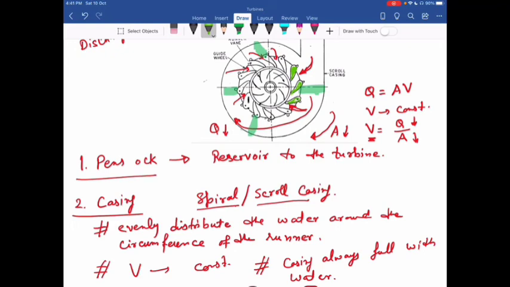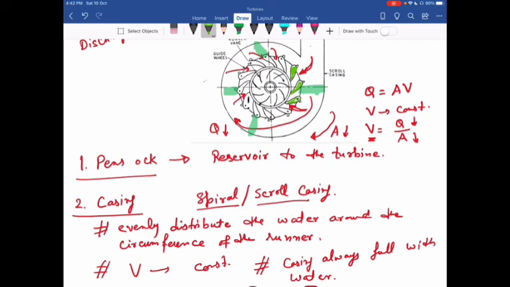In one direction, the opening between the two blades is reduced, and in the other direction, the opening is increasing. So that opening changes from minimum to maximum when we rotate it either clockwise or anti-clockwise. Further, this controlling or movement of the guide blades is done in the guide mechanism, which we discuss separately.